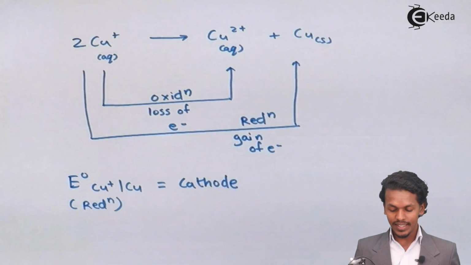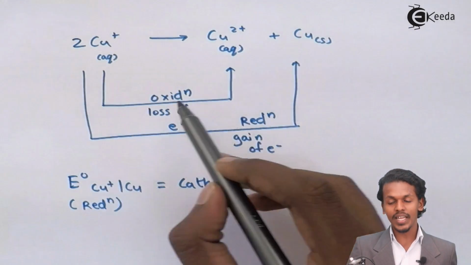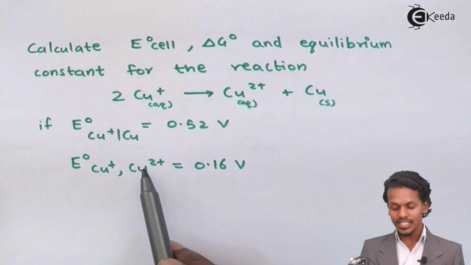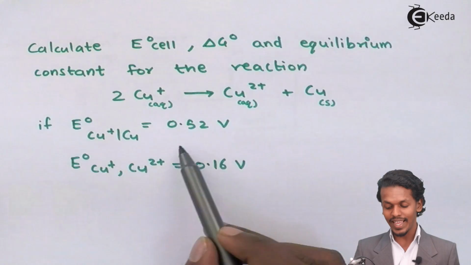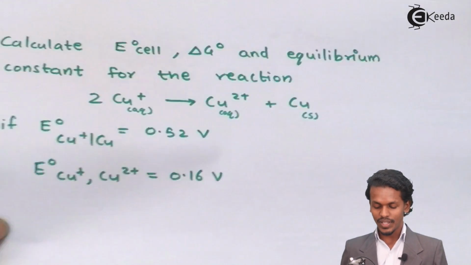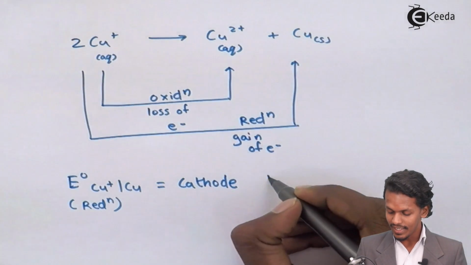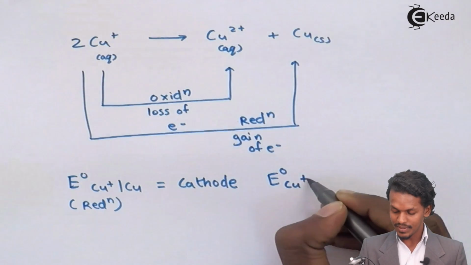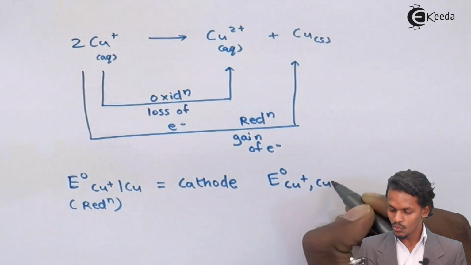While for the other one, in which Cu plus is being converted into Cu2 plus, the value is 0.16 volt. So I could say that this is the E naught of Cu plus comma Cu2 plus.